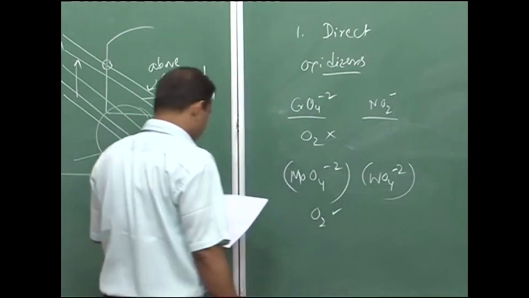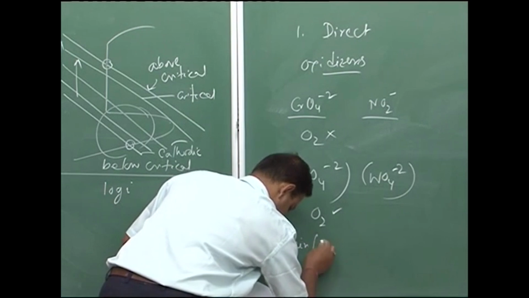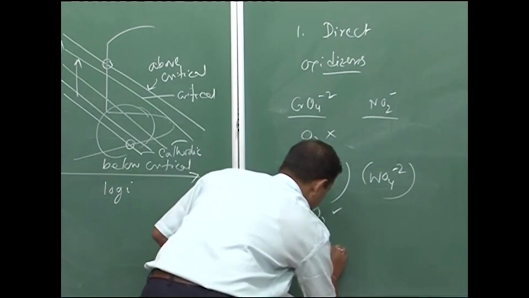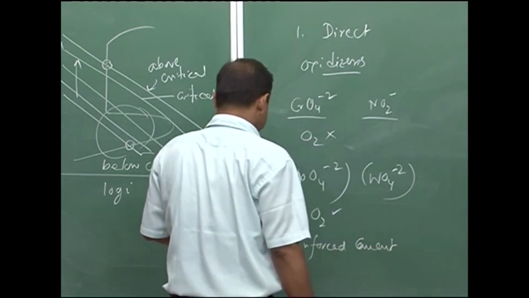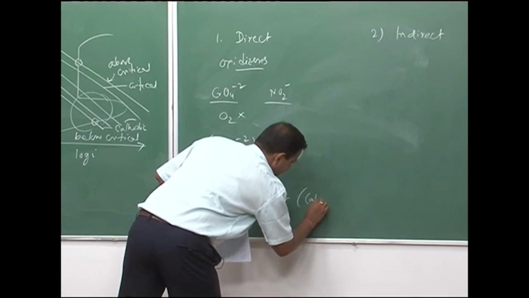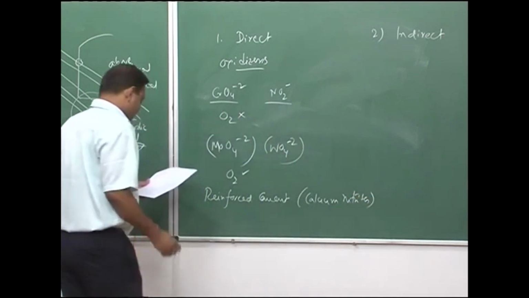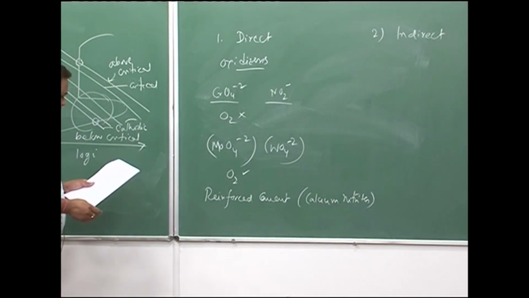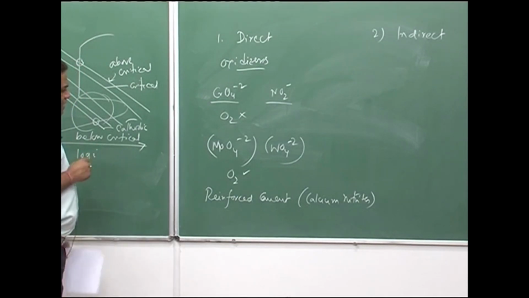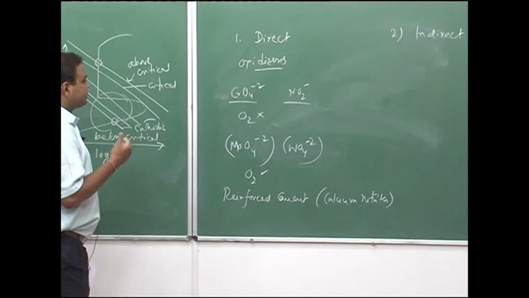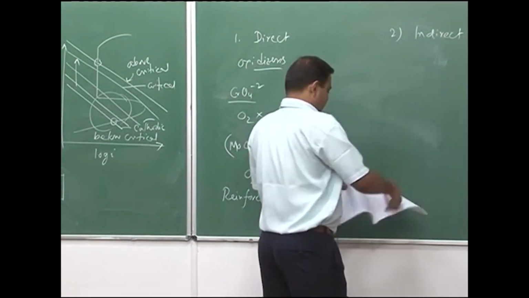The uses are, in reinforced cement, calcium nitrite is used. Or it can also be used in automobile antifreeze, where sodium molybdate protects the iron as well as copper, brass, and others. So, these are the uses.